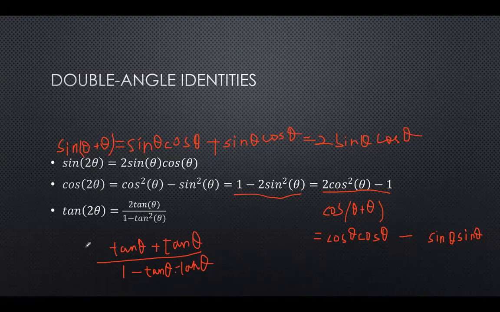When you simplify, it becomes 2 tangent theta over 1 minus tangent squared theta. Any questions?